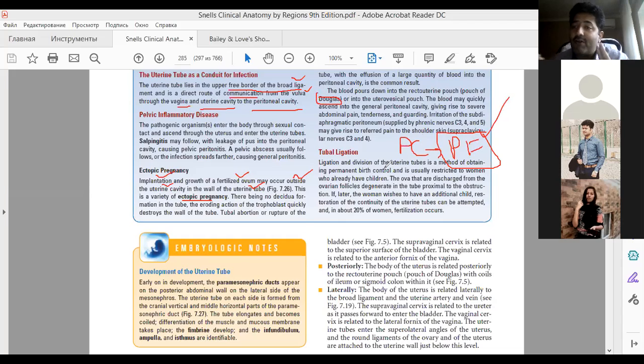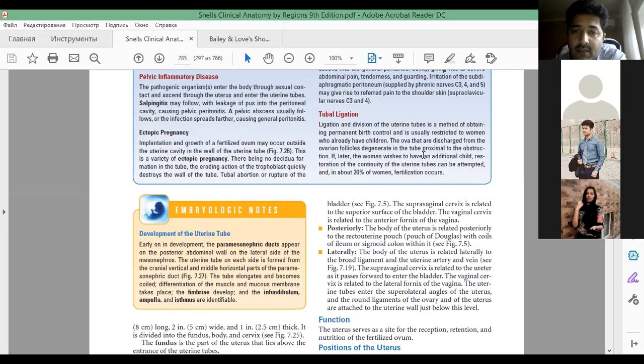That's why the fornices of the vagina are very important. You must know the anterior fornix, posterior fornix, and lateral fornix. The lateral fornix is in close relation to the ureter. Through the posterior fornix you enter into the pouch of Douglas, and you can evacuate any bleeding or any secretions which can enter into this cavity. Okay, it is clear to everyone.